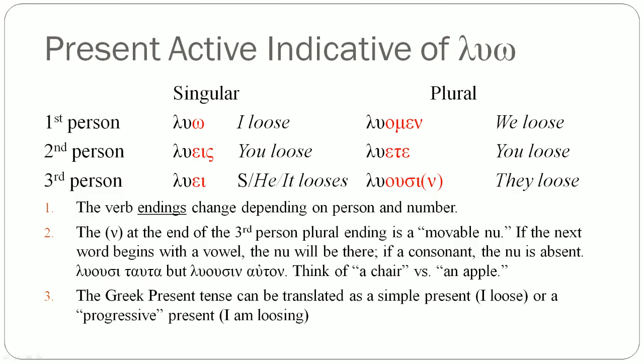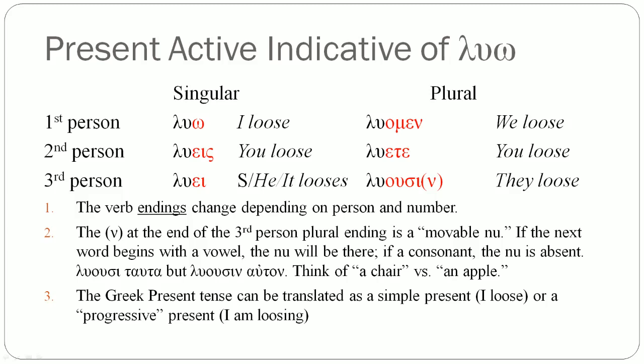It's just like the English indefinite article, a and an. Same idea. Why that only happens in the third person plural, again, I'm not really sure, but that's how it works. We will see that elsewhere, and anytime you see that nu in parentheses, that's simply what it means. You will see sometimes the form without the nu, and sometimes with the nu.